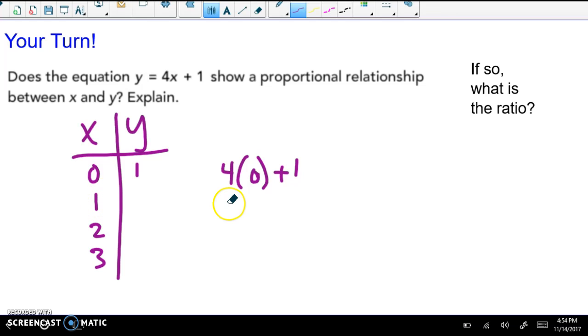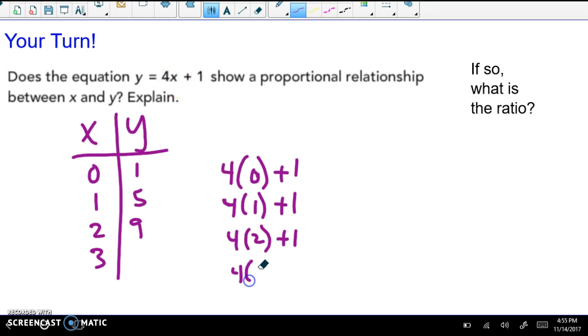If I put 1 in for x, I have 4 times 1, which is 4, plus 1, which is 5. If I put 2 in for x, 4 times 2 is 8, plus 1 is 9. And if I put 3 in for x, 4 times 3 is 12, plus 1 is 13.